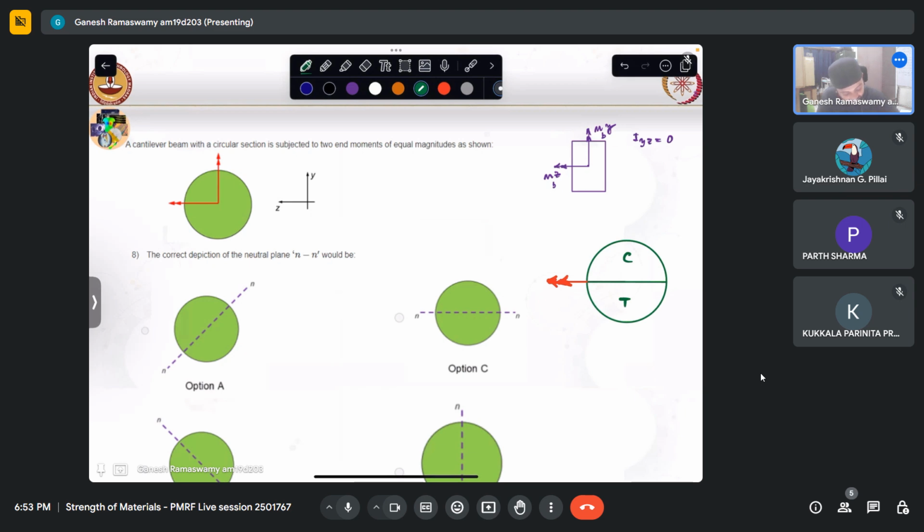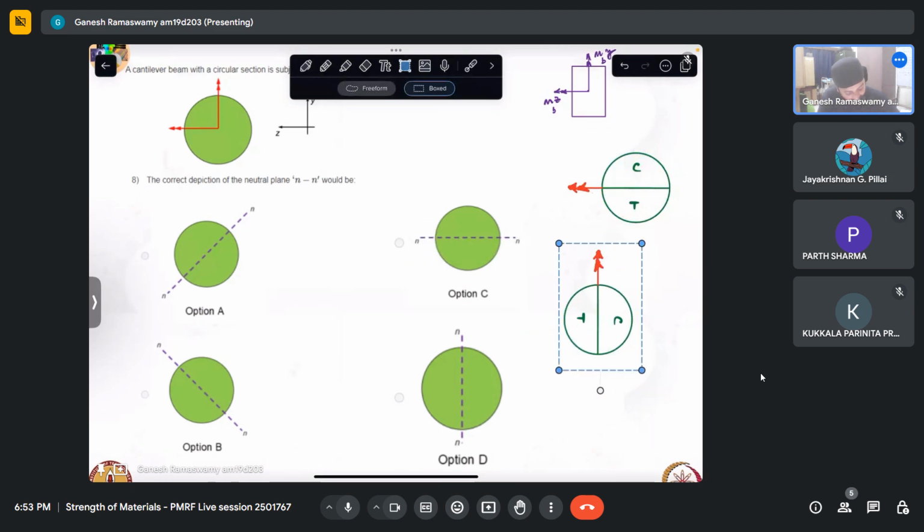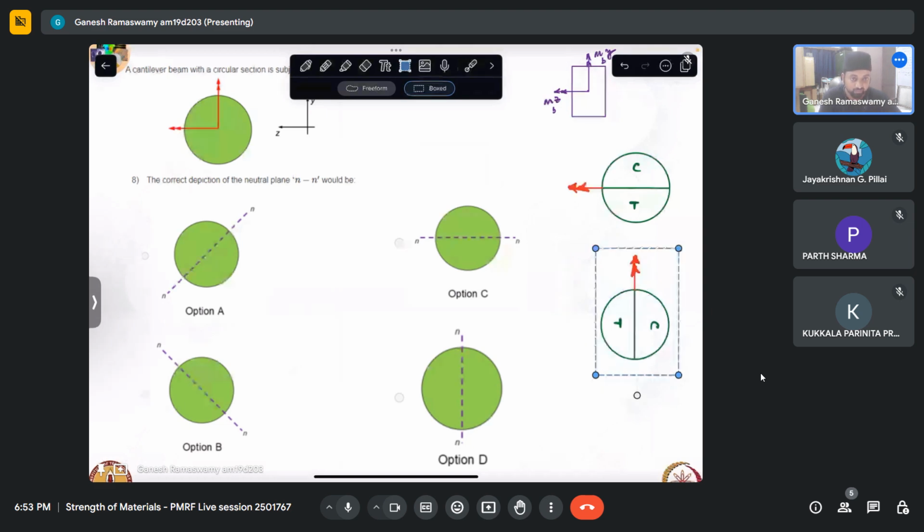Now, if I were to take this as the case, the other moment, if I were to apply individually, then naturally this will divide into two zones, which will cause this to be in tension and this to be in compression. Now the idea is just to superimpose these two.